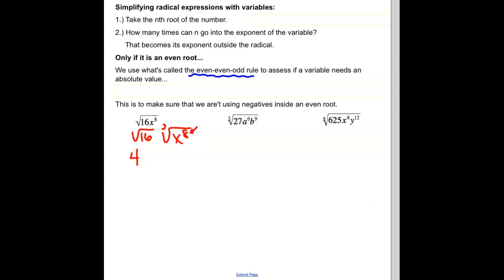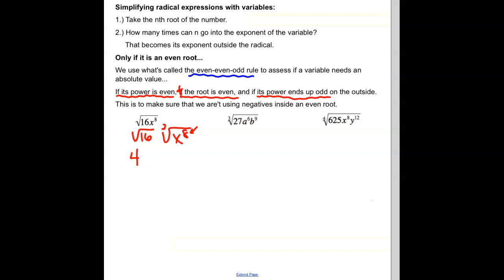And we're taking the even root of an even power. So if the power is even and the root is even, and if the power ends up coming out odd for an answer, then we need our absolute value bars.